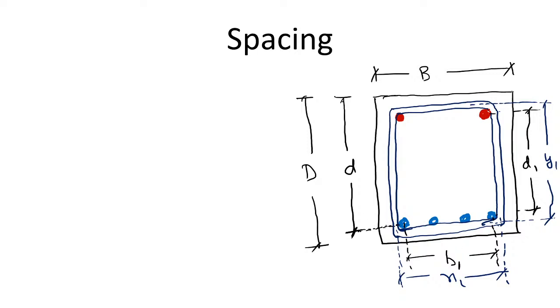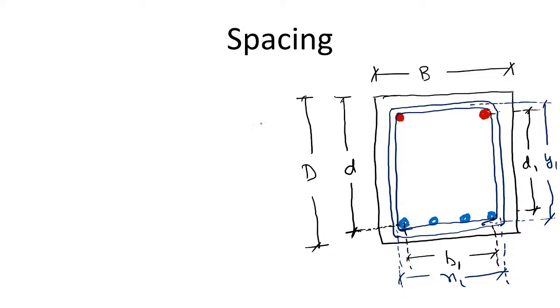So just for example, say if I want to calculate y1, then it will be clear cover up to the top plus half of this dia. So this will be subtracted from top, and from downward as well it is clear cover plus half of the dia.